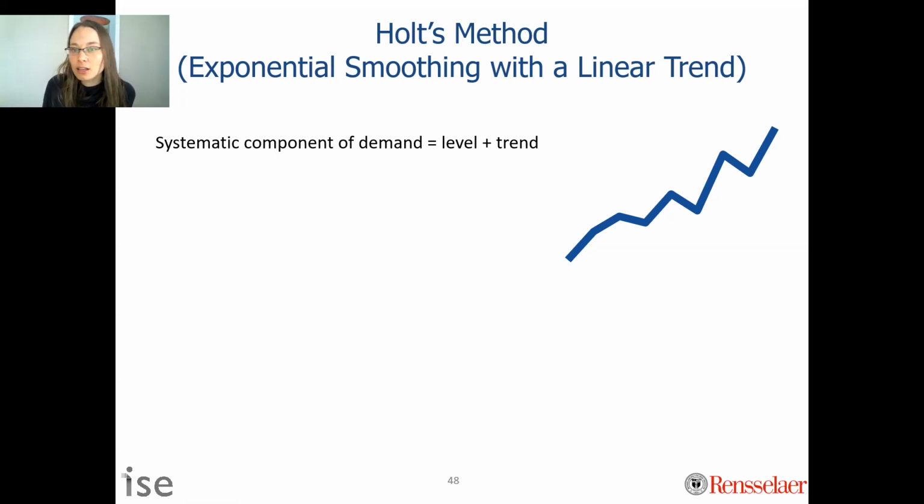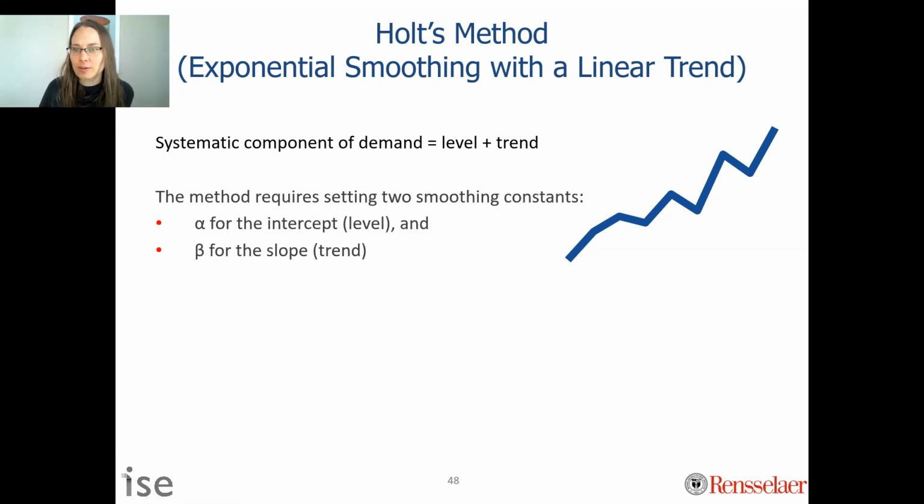So once we've picked an appropriate forecasting method, we now need to actually create the forecast. And creating the forecast for this method basically means setting two what's called smoothing constants. So we'll now have alpha and we will have beta.